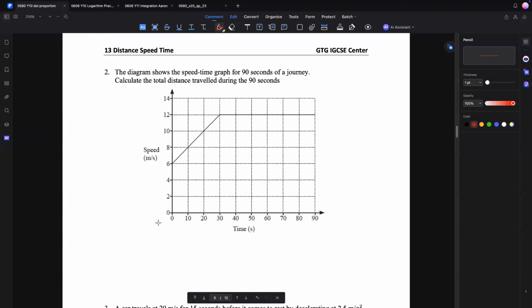A car travels 20 meters per second for 15 seconds before it comes to a rest by decelerating to 5 meters per second. Find the total distance traveled.